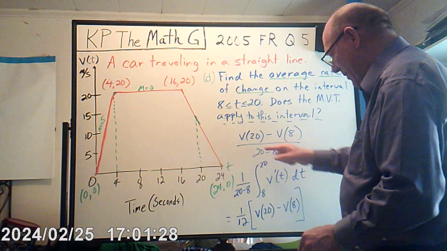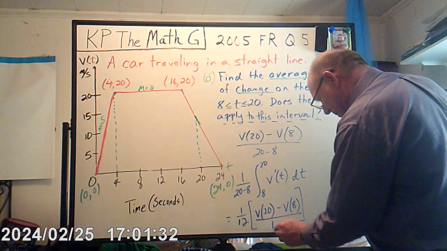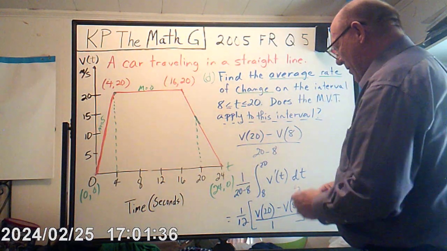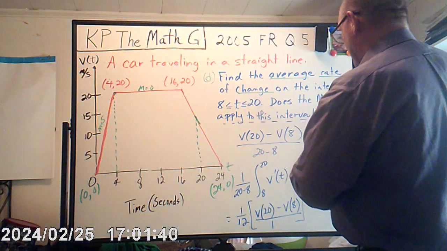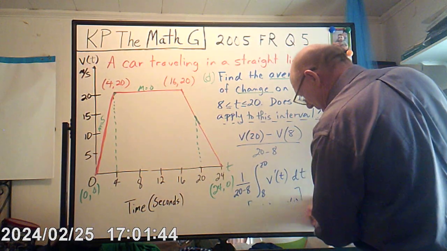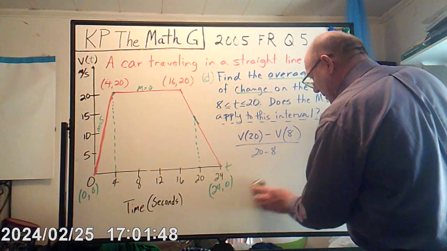This is 12, and we are looking at v at 20 over 1, if you think about it. So every which way you want to do that is perfectly fine. I'm going to erase this one. I just wanted to show that method there to say, oh, okay, I do it this way. Well, either way is perfectly all right.